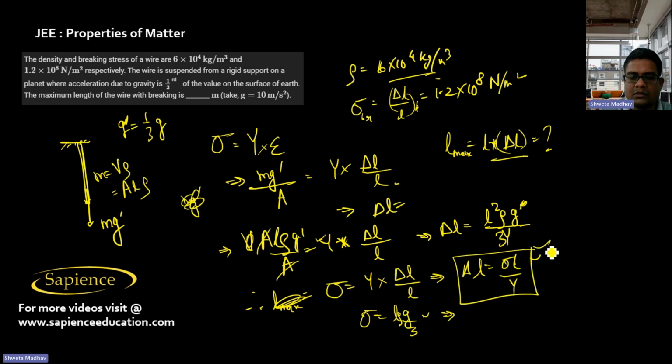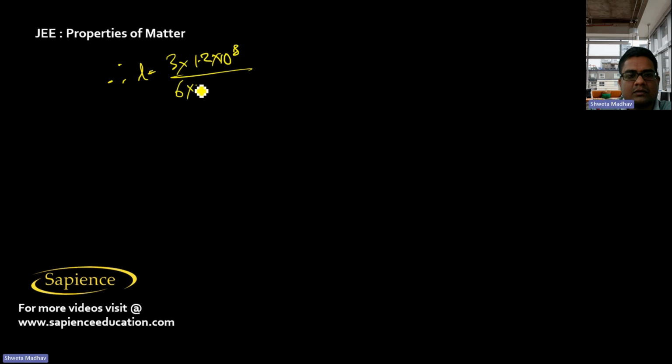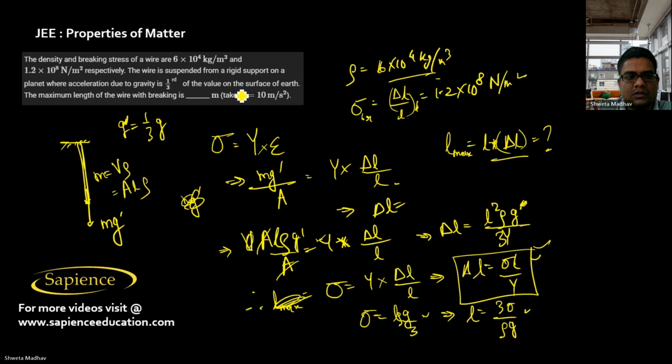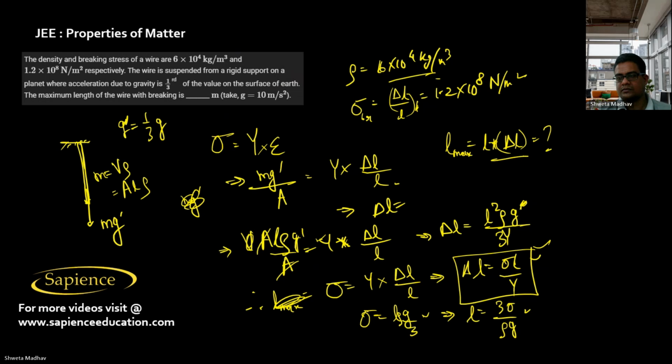So it means that L will be equal to 3 sigma by rho g. So therefore the length will be 3 into sigma, that is 1 into 10 power 8 by this 6 into 10 power.